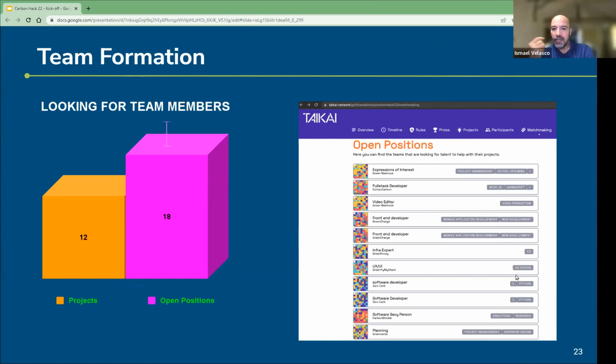Some people are looking for expressions of interest from project managers and active listening. Others are looking for full stack developers, video editors, infrastructure experts, UX and UI practitioners, planners, etc. So whatever your skill set or the area you want to learn about and grow, these are opportunities.